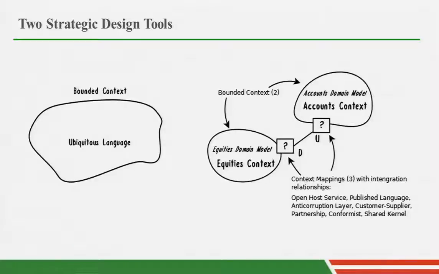There's also big ball of mud, which is a pattern. It's a fact that we have that brown sitting there. So those are two really important parts of strategic design with DDD.